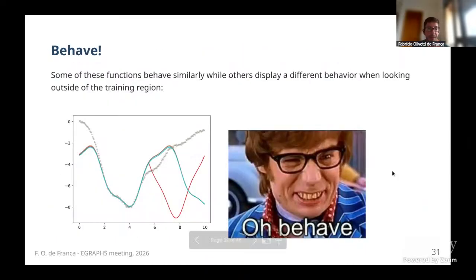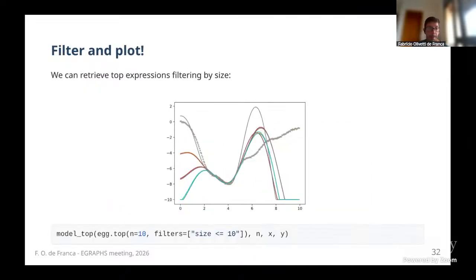But then if we plot these expressions, we can see that even though they are quite similar in the training set, they diverge outside of the training region. So we can try to make a little bit more exploration, right? So for example, let's say we want to get the top 10 expressions, filtered by all the expressions that have size equal or smaller than 10. We can do that right away, exploiting the egraph.